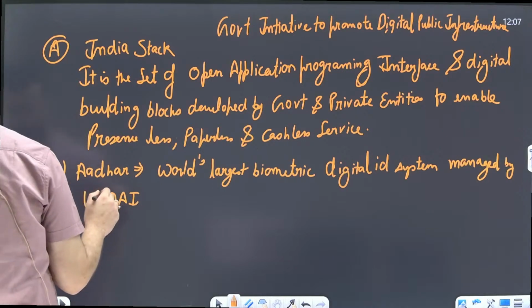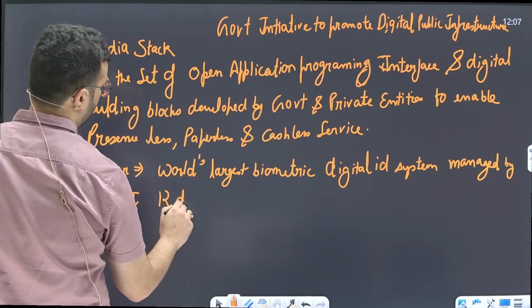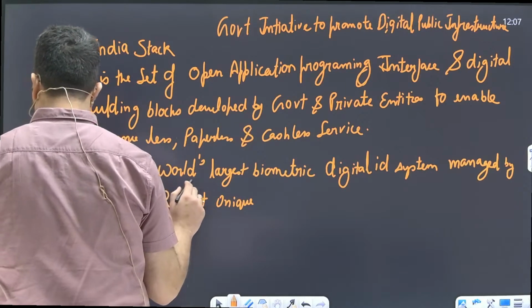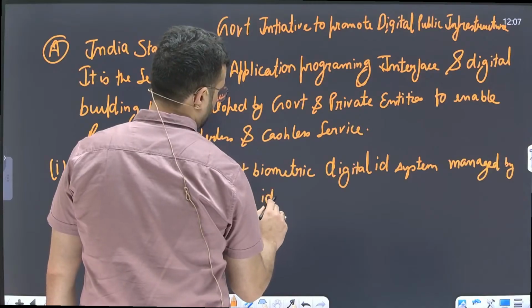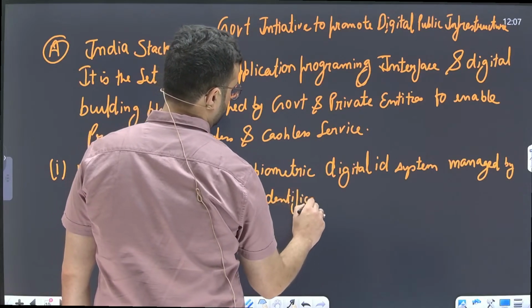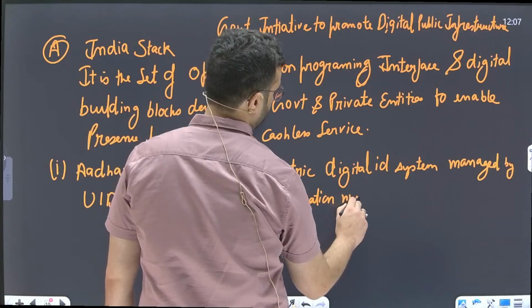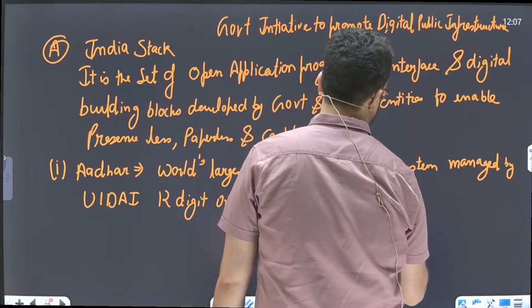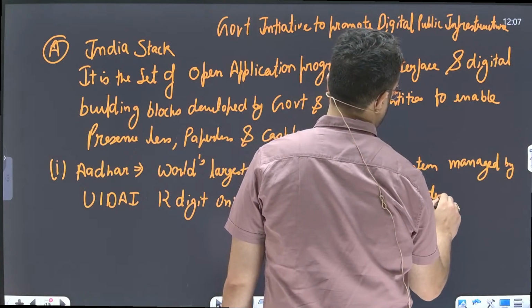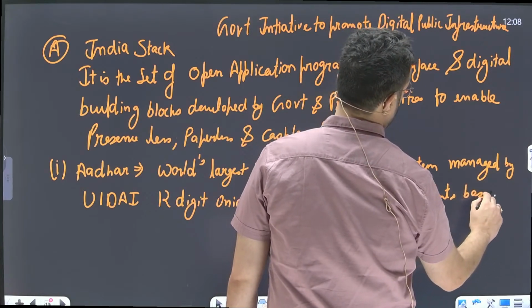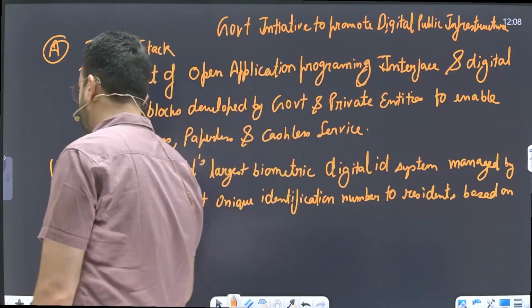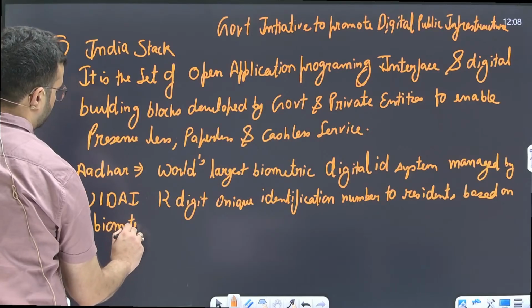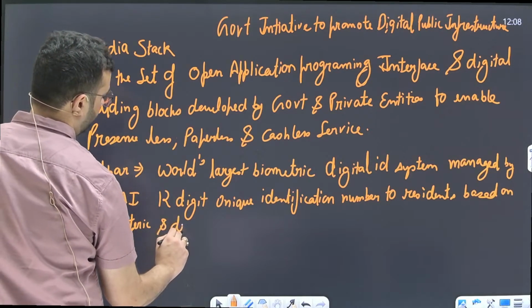It provides a 12 digit unique identification number to residents based on biometric and demographic data.